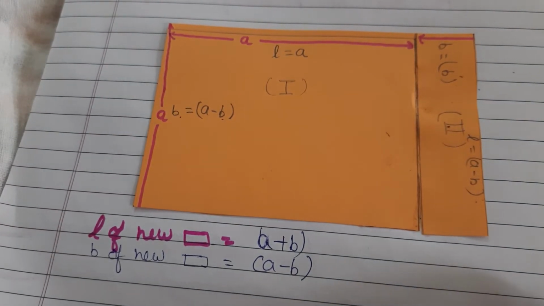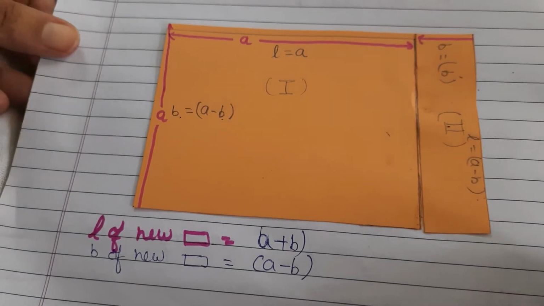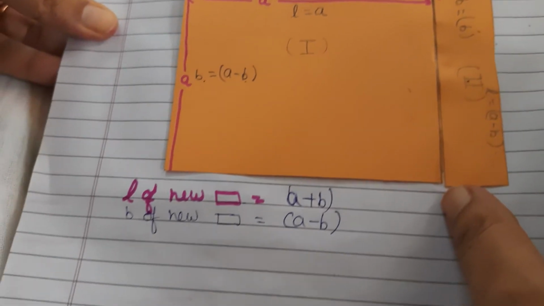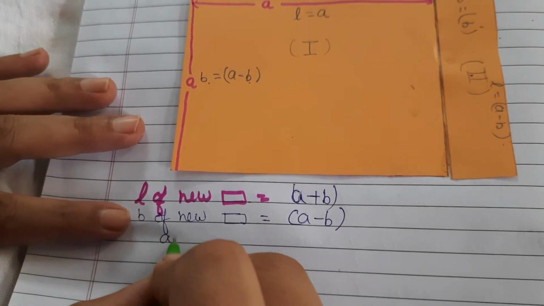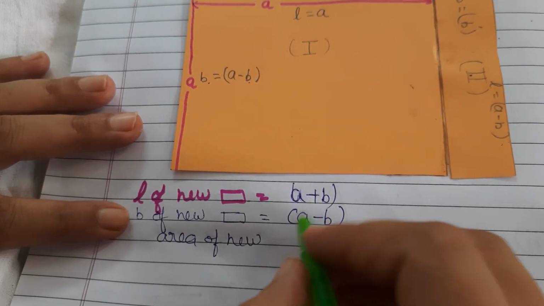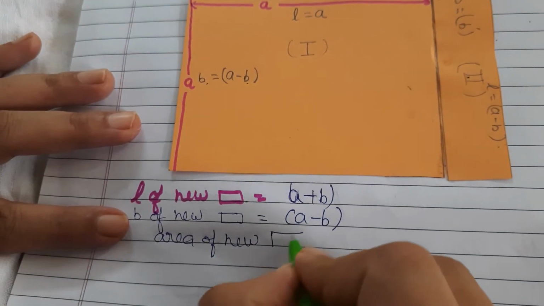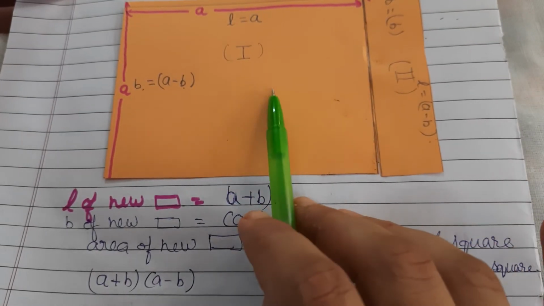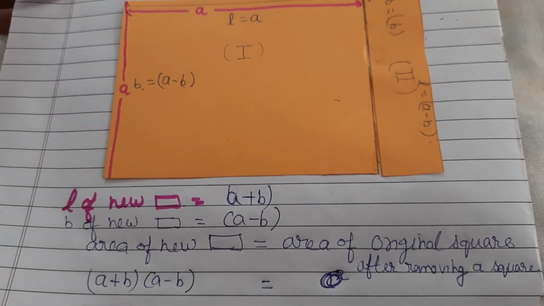Now the most important thing here is the area of the new rectangle. The area of the new rectangle is equal to these two rectangles we got after removing a square.